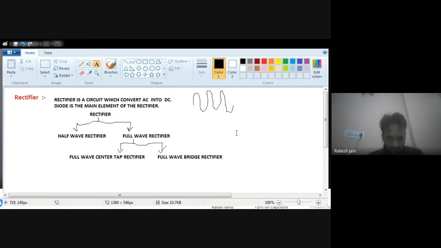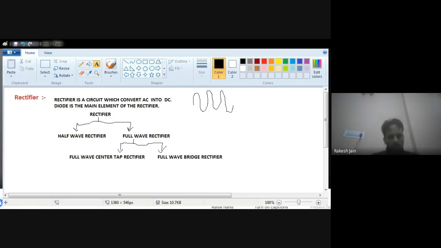So a rectifier, a circuit which converts AC supply into DC supply with the help of a diode, is of two types: half-wave rectifier and full-wave rectifier, where the full-wave rectifier is further classified into full-wave center tap rectifier and full-wave bridge rectifier.